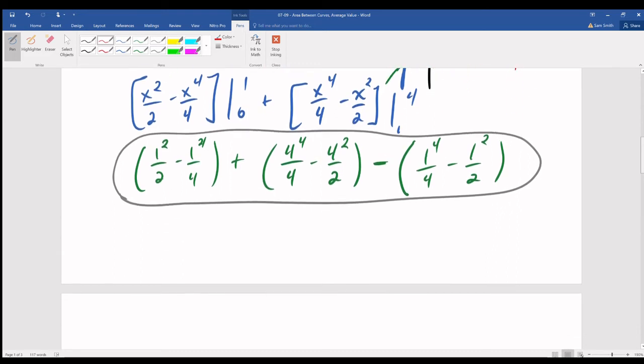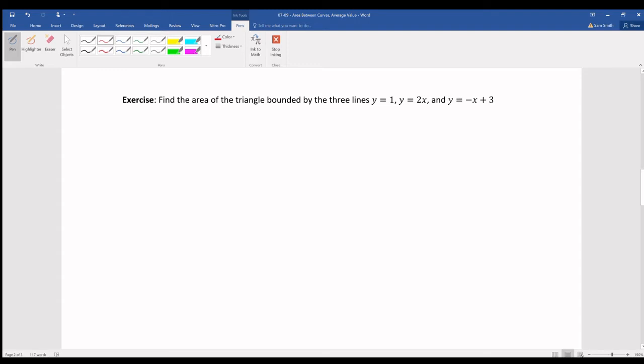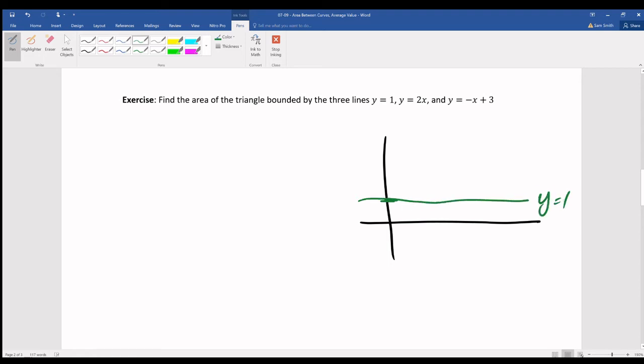As a similar example, let's consider the following. Find the area of the triangle bounded by the three lines y equals 1, y equals 2x, and y equals negative x plus 3. And as always, I'm going to get myself a little drawing. So here is y equals 1, a horizontal line, constant function.